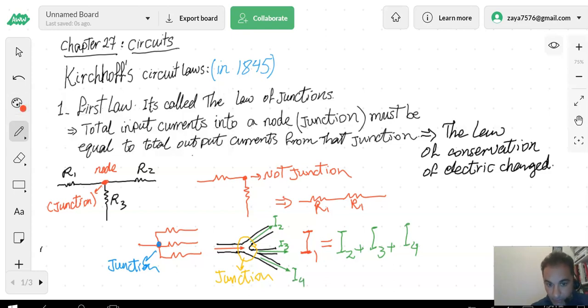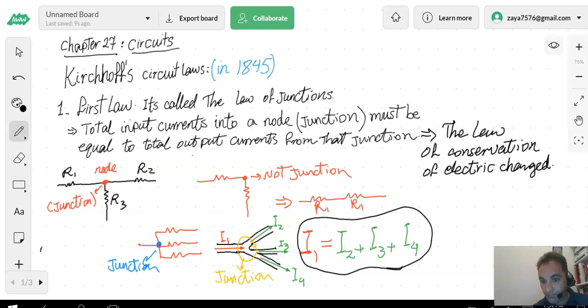And at the same time, this input is I1. So what I see here is total input is equal with total output. So this is called the law of junction. Total input current to a junction is equal with total output current from that junction.